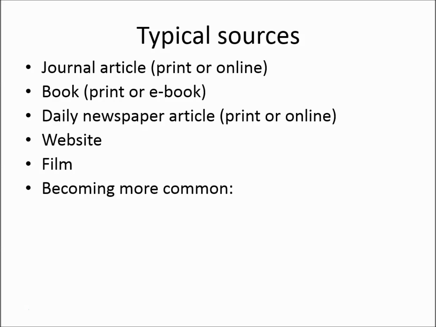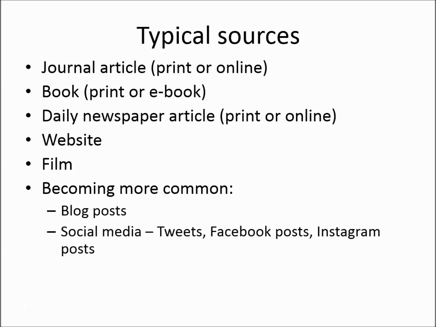But sources that are becoming more common, however, include non-traditional materials such as blog posts, social media elements such as tweets, Facebook posts, Instagram posts, Snapchat, and the like, podcasts, and emails. So it's important to know that all these sources will contain the basic information, but many will need additional elements included in the citation.